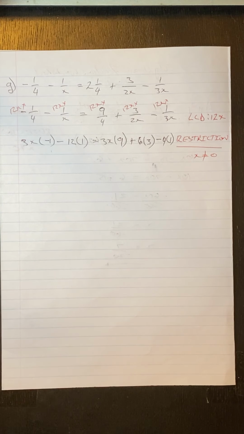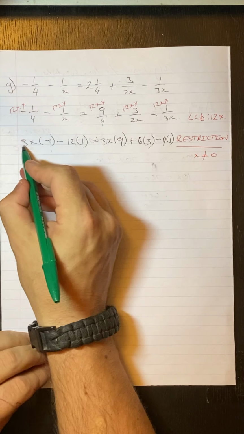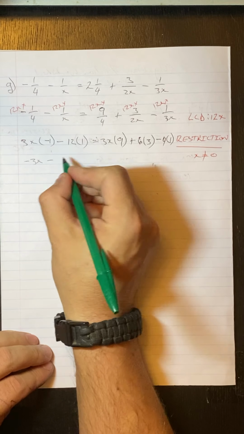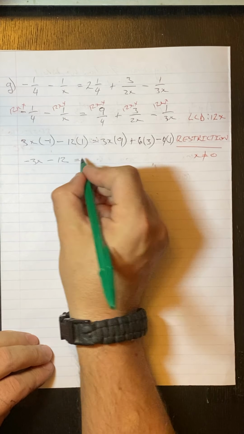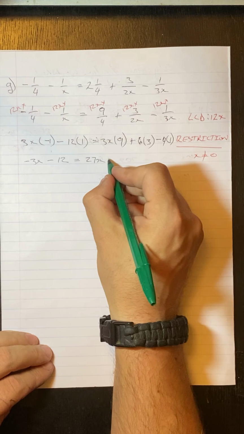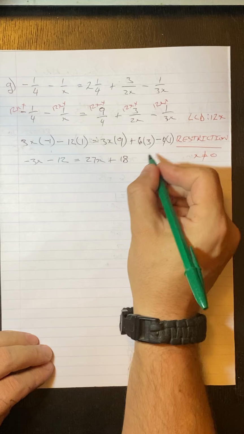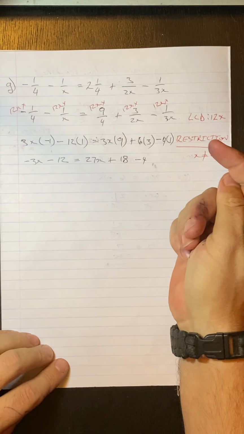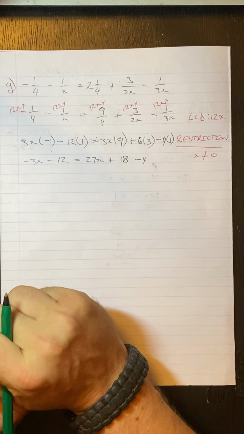Okay, let's get rid of the brackets here. 3x times minus 1 is minus 3x, minus 12 equals 3x times 9 is 27x, plus 6 times 3 is 18, minus 4 times 1 is minus 4. You want to take x's to this side, numbers to that side.